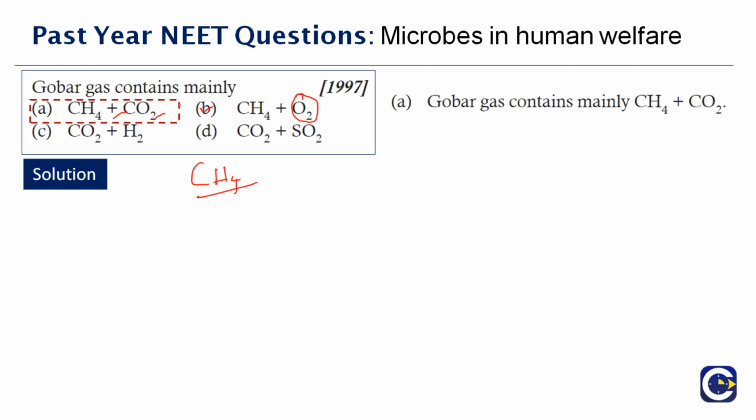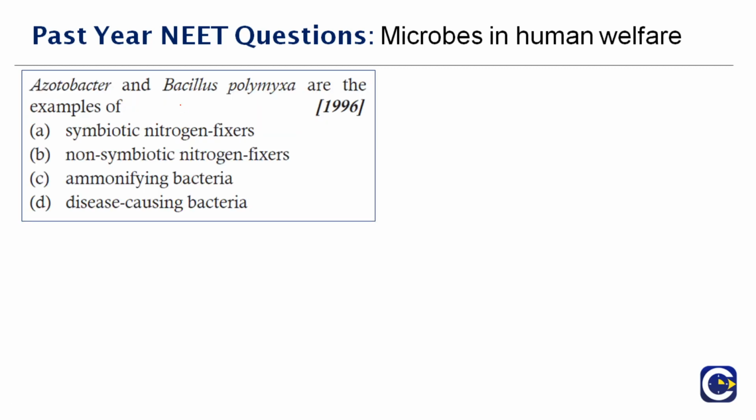Next question here. Azotobacter and Bacillus polymyxa are examples of dash. We just now saw Azotobacter is actually non-symbiotic, right? It is a free-living nitrogen-fixing agent, but it does not live in association with any other organism. So this is a clue for you to identify this. The right answer is option B, non-symbiotic nitrogen fixers. As I already said, Azotobacter are non-symbiotic, free-living nitrogen-fixing bacteria.